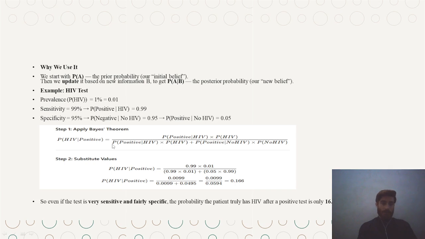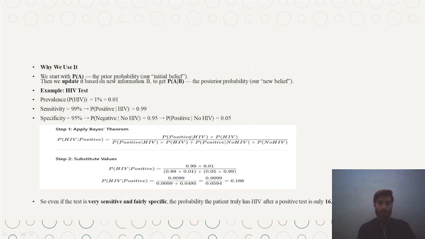Okay, let's apply this theorem. Now the formula for this theorem is probability of a test if we know the disease, times the probability of the disease, divided by the same thing plus probability of the test with no HIV, times the probability of no HIV.